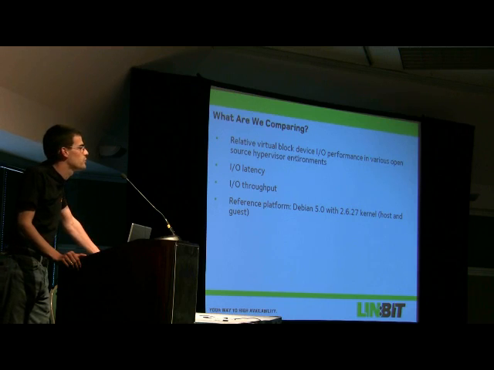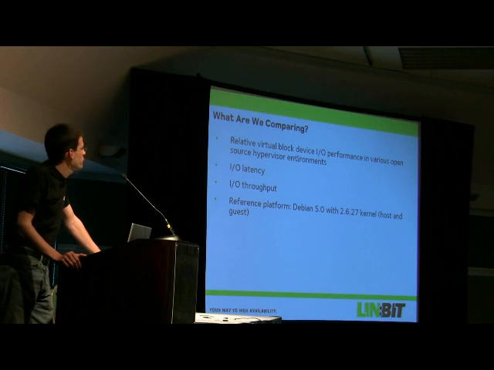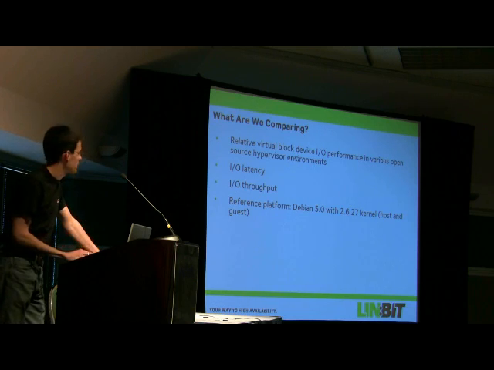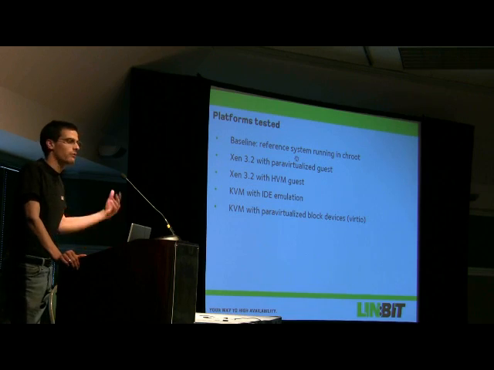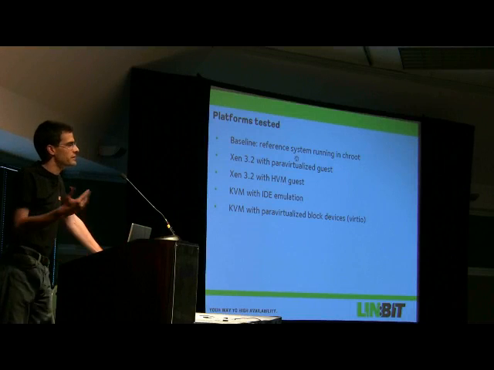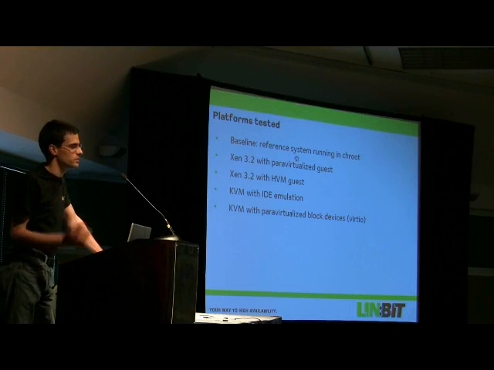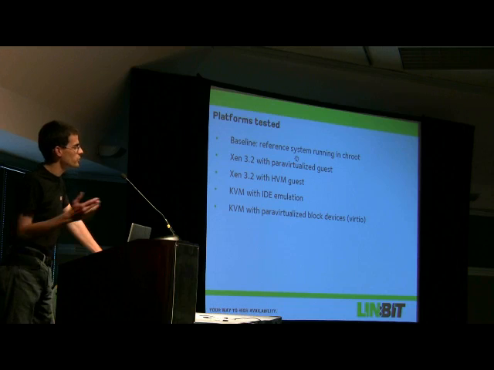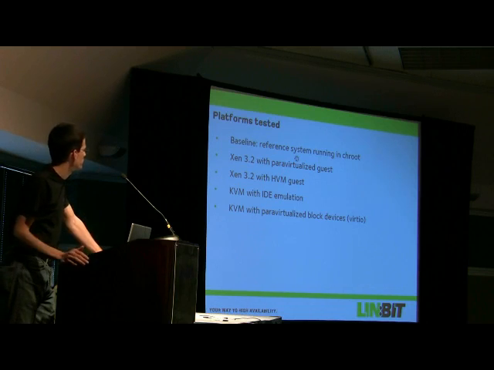That's not the most cutting-edge distribution out there, but it enabled me to do a very fair performance comparison of all of these things. We will take a look at a baseline first. Our baseline is just a Debian 5.0 chroot install, so my baseline is block device I/O performance in a non-virtual environment.